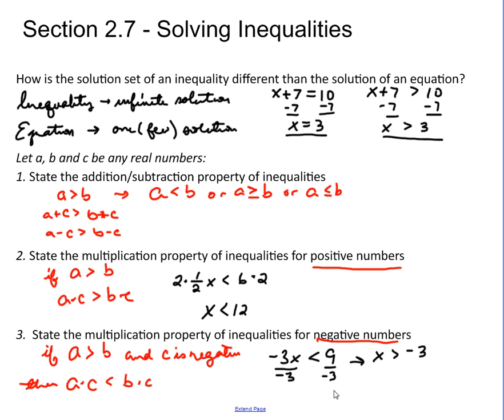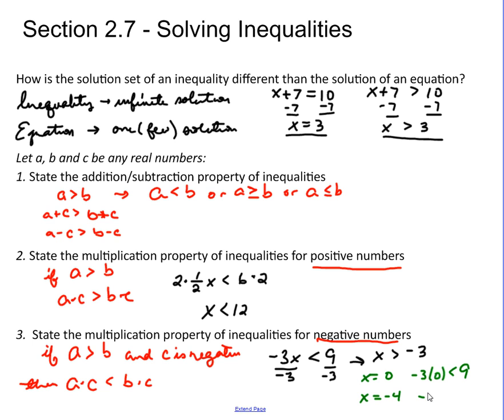Well, let's just pick a number and check it out. Let's pick a number greater than negative 3 first. Let's say that we check it with x equals 0. Does that make it true? Well, certainly. Negative 3 times 0 is most definitely less than 9, so that's true. How about a number less than negative 3? What would happen if you put in x equals negative 4?